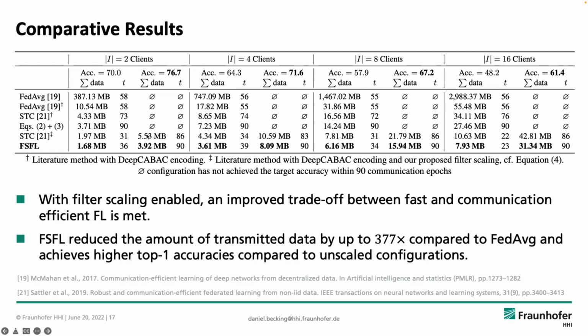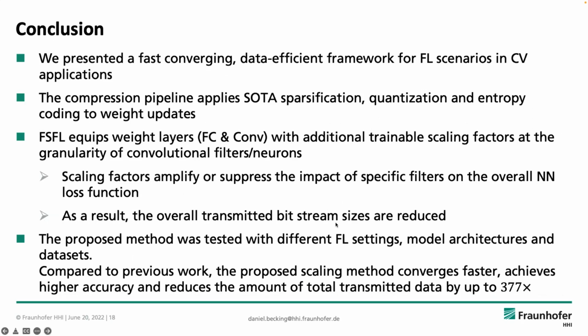And as you can see, in all of the cases, we meet a good trade-off between fast and efficient federated learning. And compared to federated averaging, we achieve higher top 1 accuracies and smaller data transmission.